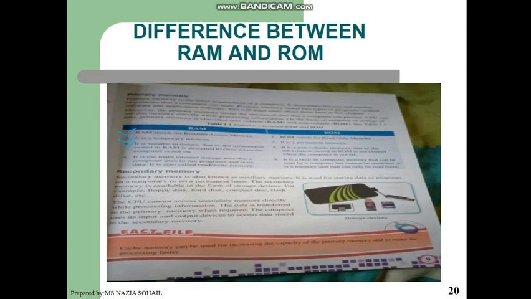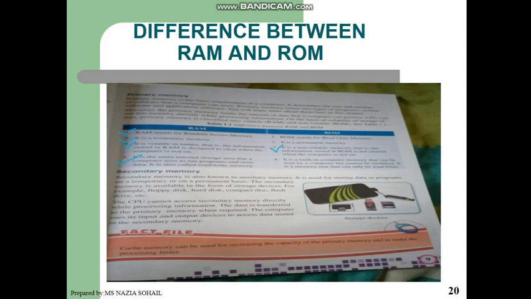The information stored in RAM is cleared when the computer is turned off, while ROM is non-volatile memory, so the information stored in ROM is not cleared when the computer is off. It means that the data is permanent in ROM. Number 4 difference: RAM is the main internal storage area that a computer uses to run programs and store data.